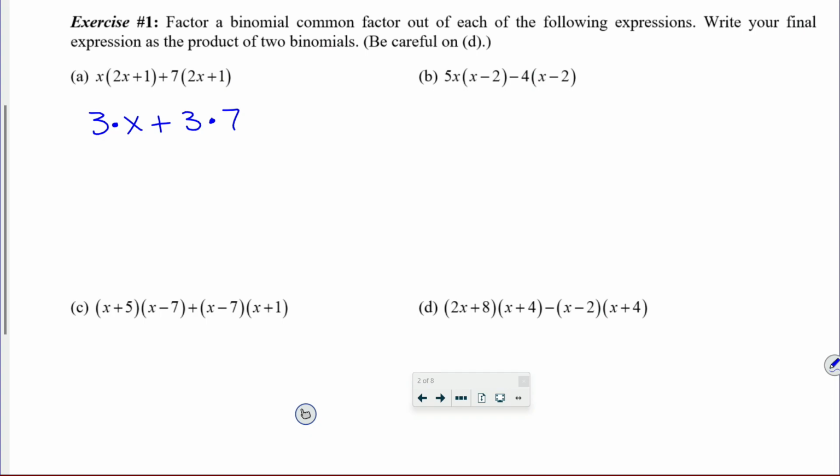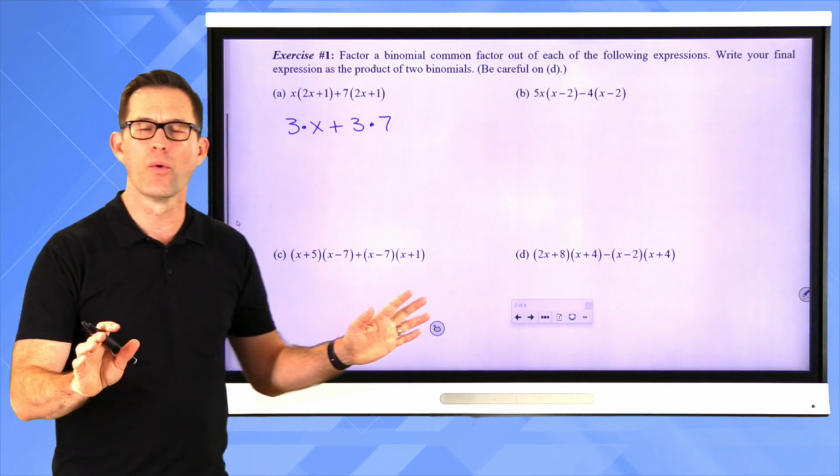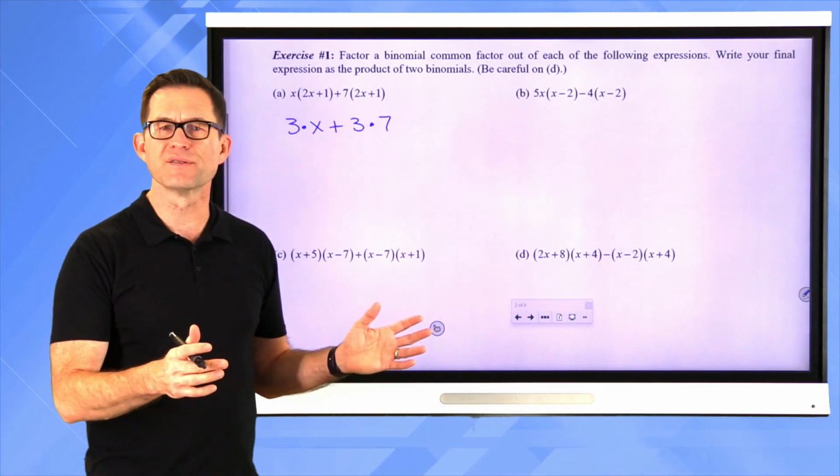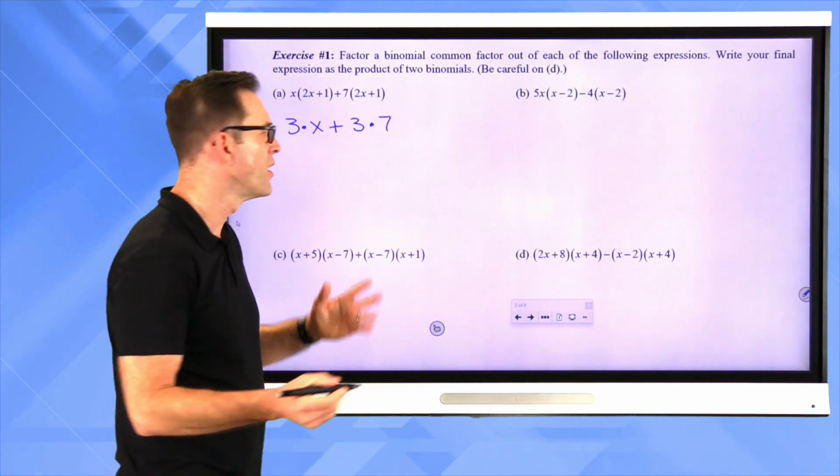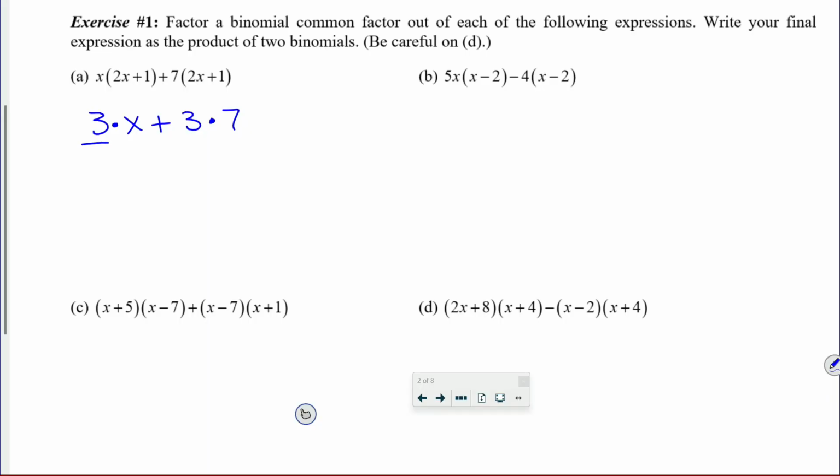Now again, this isn't part of this problem, but just roll with me here. You'd say, well, 3 is multiplying x and 3 is multiplying 7, so I could factor that 3 out and write it as 3 times x plus 7.